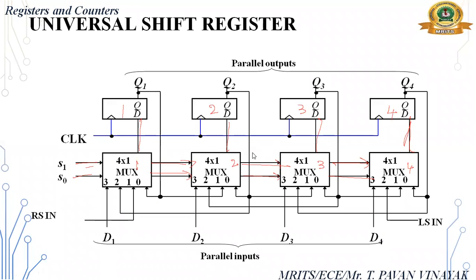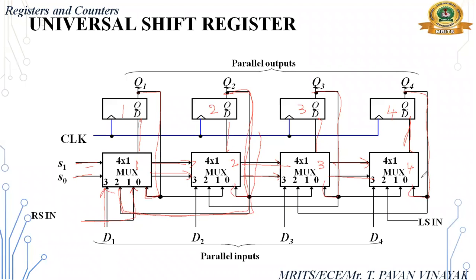This is Q1, next RS in, next Q2, and next D1. Similarly, for the next one, Q2, Q3, Q4.